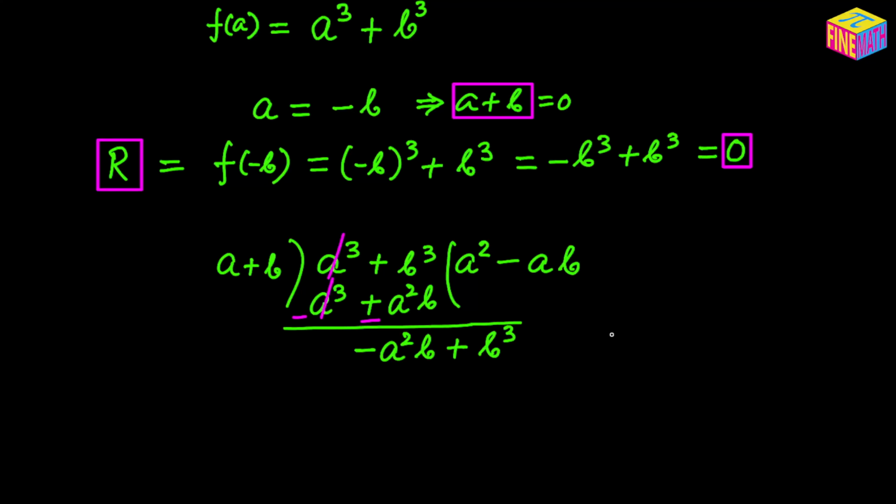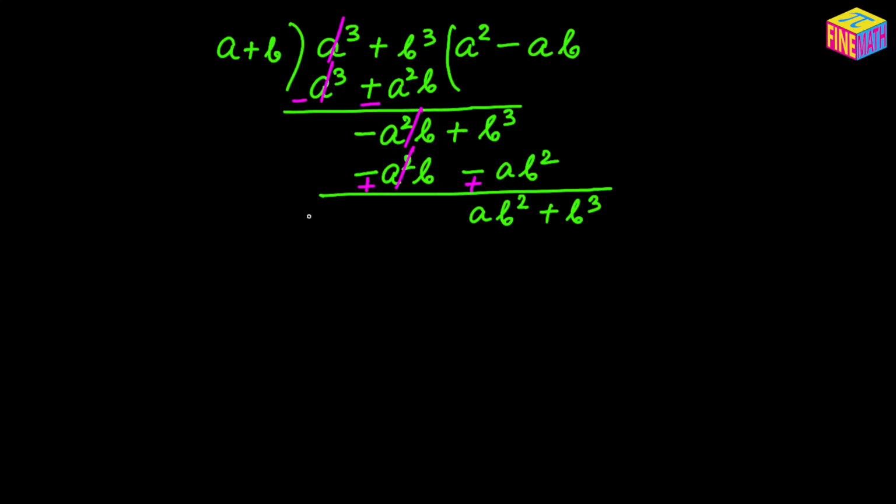The next term in the quotient would be negative ab, because when you multiply negative ab with a, that is going to give us negative a squared b. Then negative ab times b would be negative ab squared. Here again let's change the sign and do the algebraic sum. These cancel out each other and we are left with positive ab squared and positive b cubed.